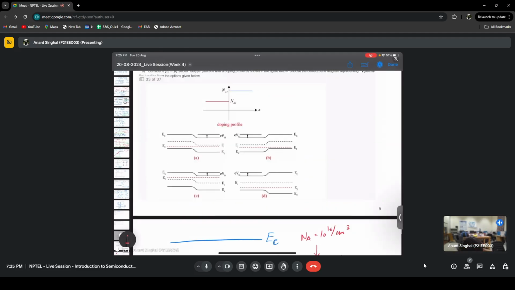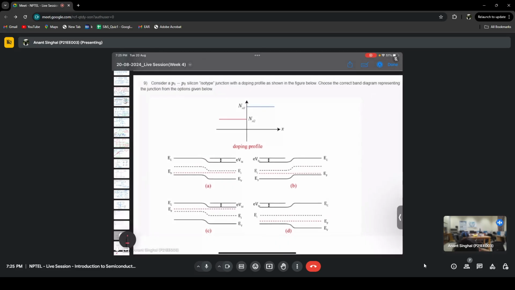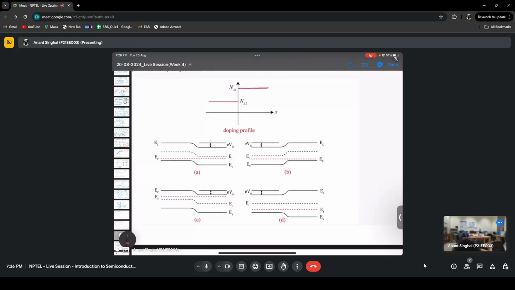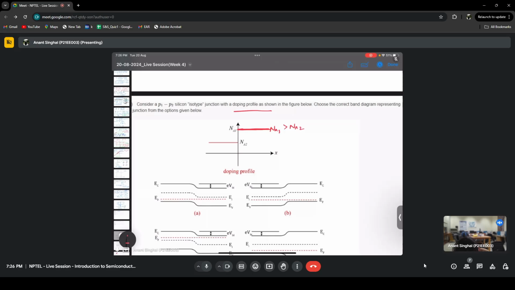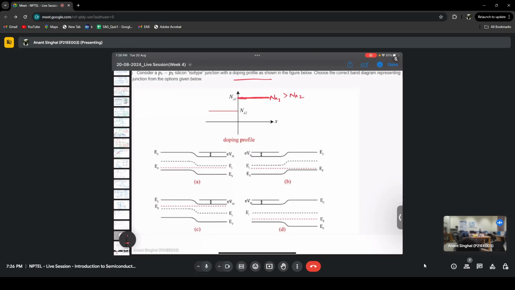So here in the question you can see we have two types of region. One has Na1 which is higher, like Na1 is greater than Na2. So higher doping means we will have a closer Fermi level to the valence band. So you can see in case one, first of all, it is an isotype and without any applied voltage, so it will be at equilibrium, so we will have a single Fermi level.